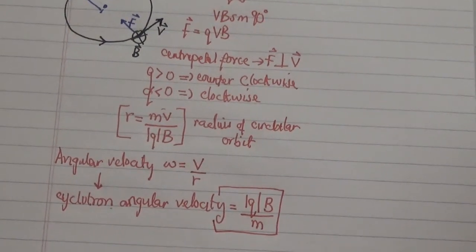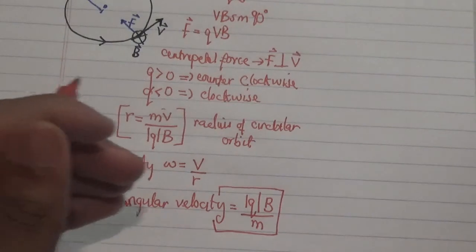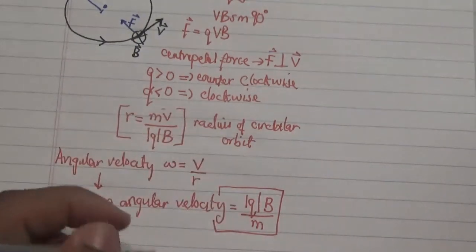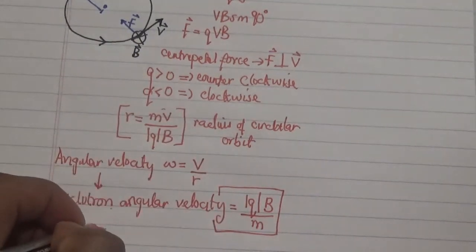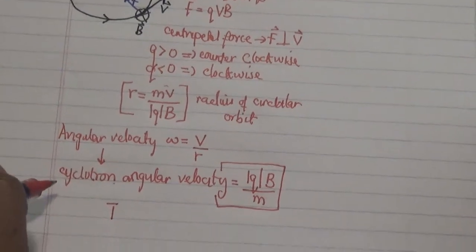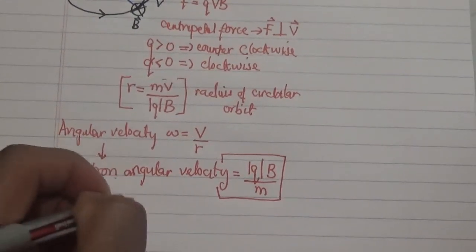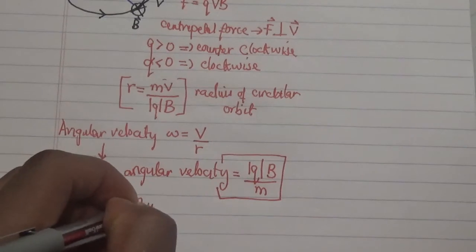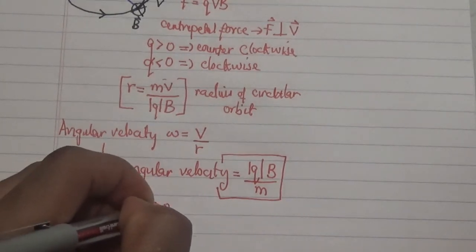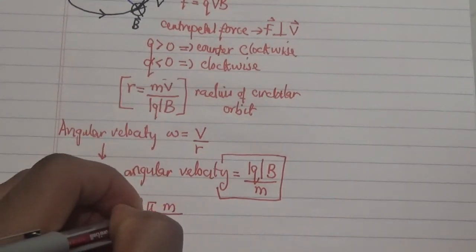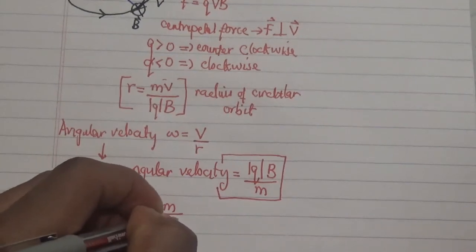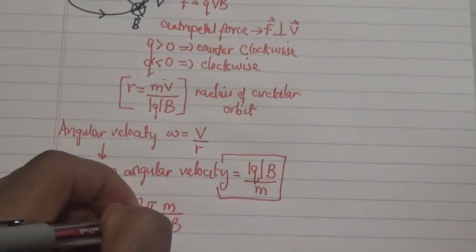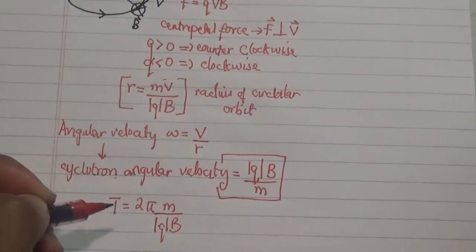And since we're looking at the cyclotron angular velocity, the period in this case is equal to 2 pi m over qB, which involves the charge of the particle and the magnetic field.